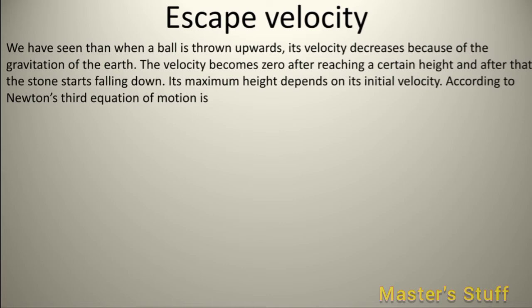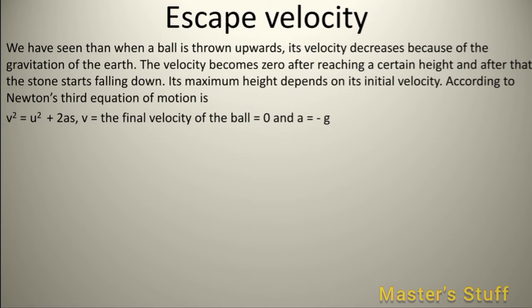So, according to Newton's third equation of motion, that is v square equal to u square plus 2as. V is the final velocity of the ball, which is 0, and a is minus g, as it is acting opposite to the direction of gravitational force.